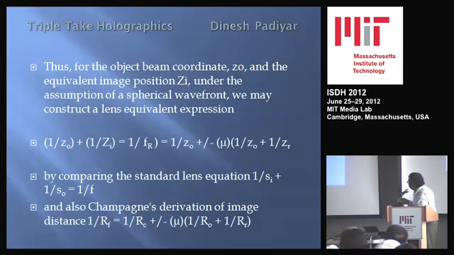You compare that against the standard lens equations, and Champagne uses the same formulation. Champagne gets this, and you can see that this formulation, Champagne, is the same as this formulation, Meyer. Champagne was basically concerned with non-paraxial imaging, but he gets a very similar formulation for the distance of the object point from the hologram.